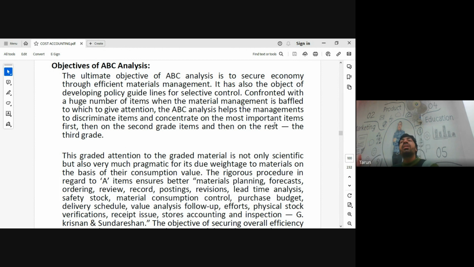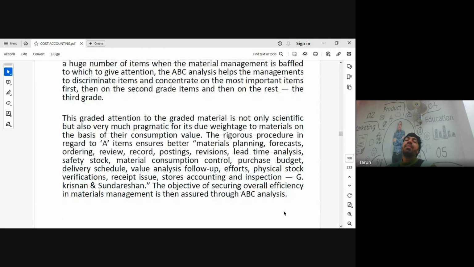how to concentrate on the most important items first, and then come to the bottom, and then to the low, that is the C listed category, that is third grade. So it always helps the organization to focus on the A listed items, then B listed, and then the lower grade, that is C listed items.